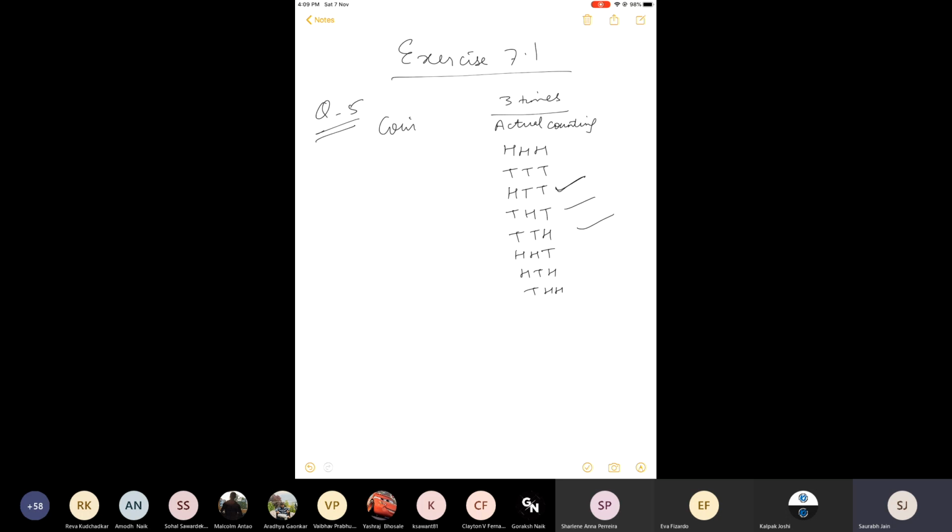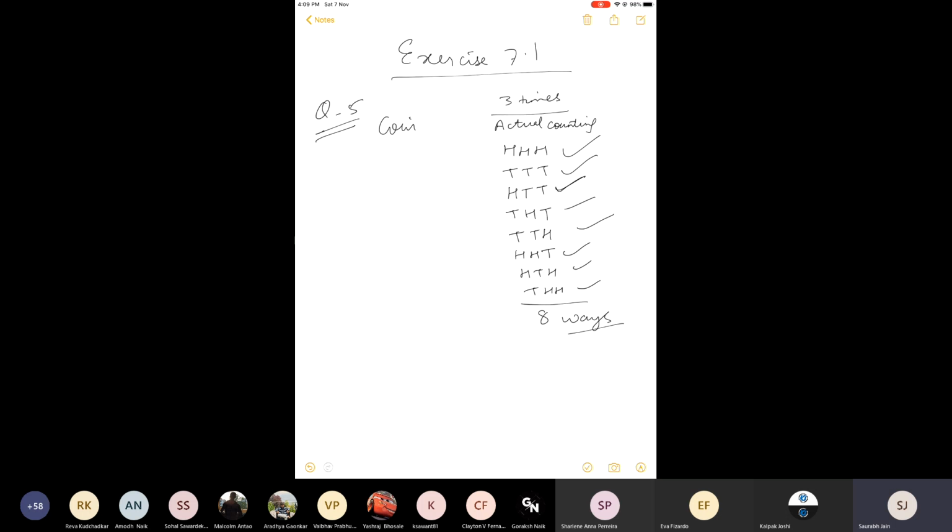So it can be HHT, or HTH, or THH. So next 3, and then there can be 3 heads, or there can be no heads at all. So based on this we have 8 ways. So this is one way to do this question.